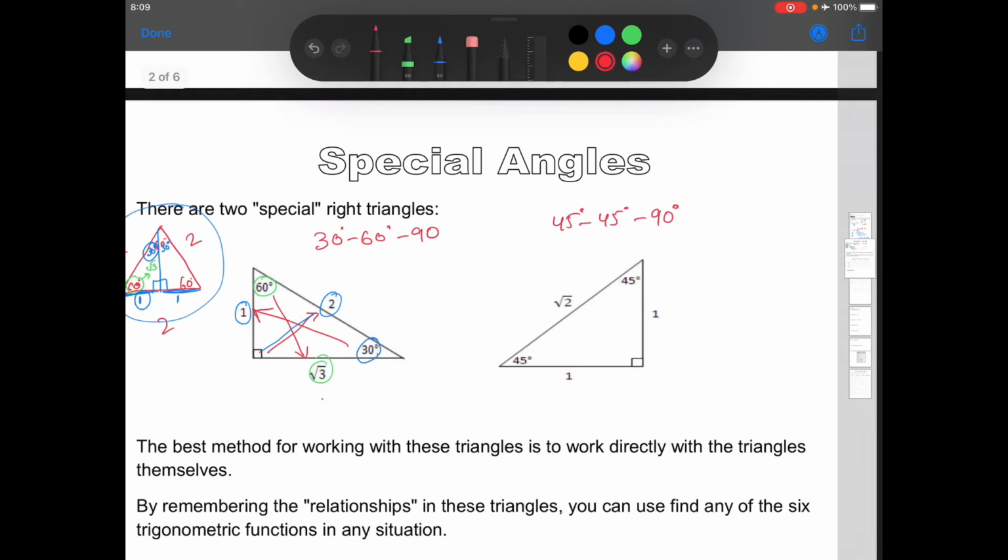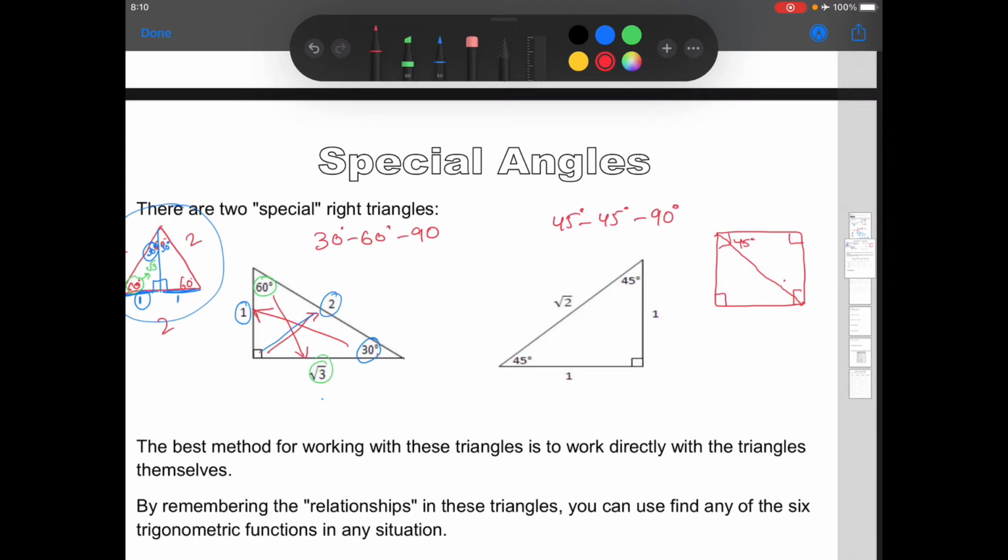Similarly, this one comes from a square. If I had a square, each angle is what? 90 degrees, right? If I draw a diagonal, the beauty of a square is that the diagonal bisects that angle.